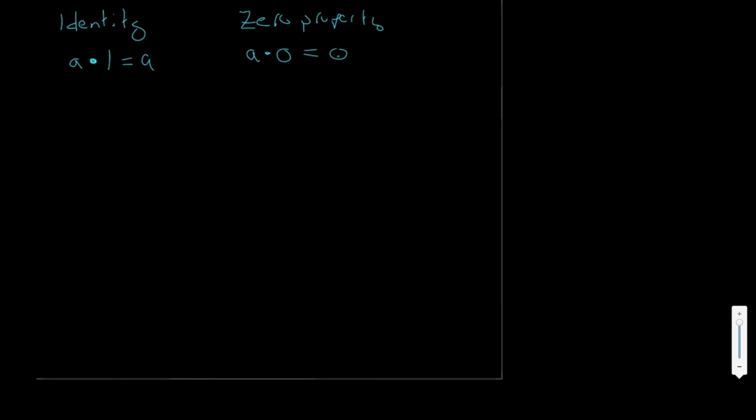And I want to think of that conceptually. If I'm adding the same things over and over again, if I only add it once, I just have that thing. But if I add it 0 times, well, I never even started, did I? So I'm stuck with nothing.